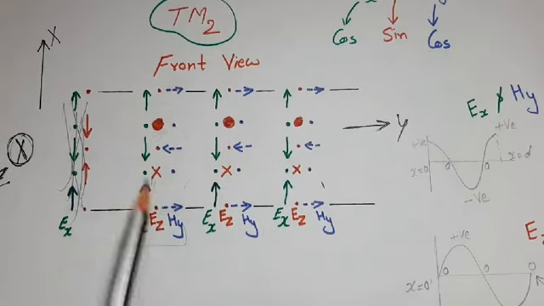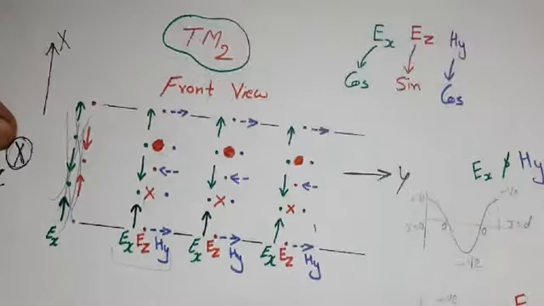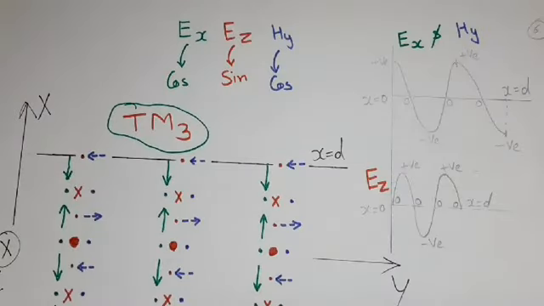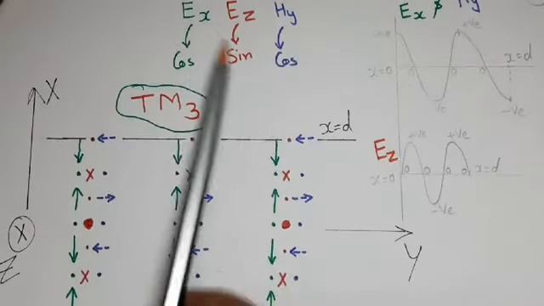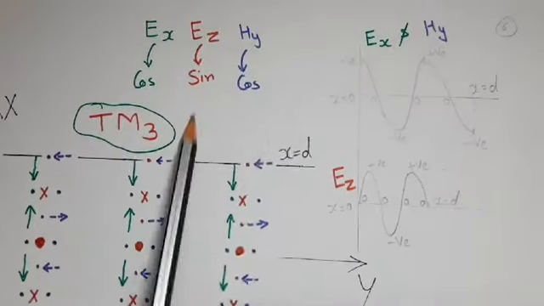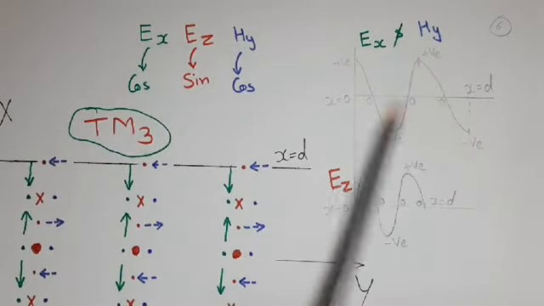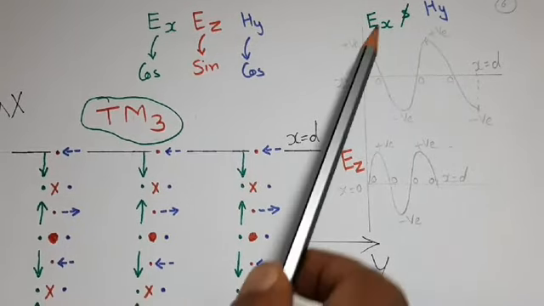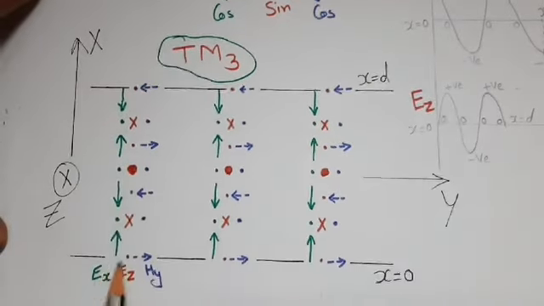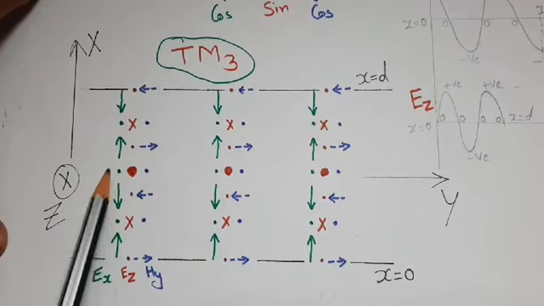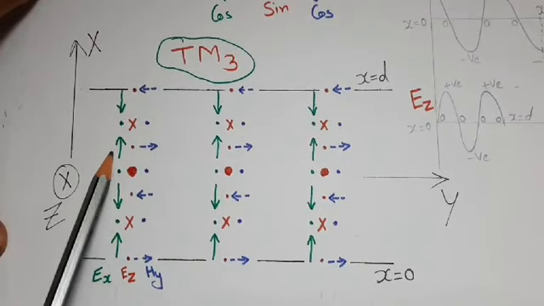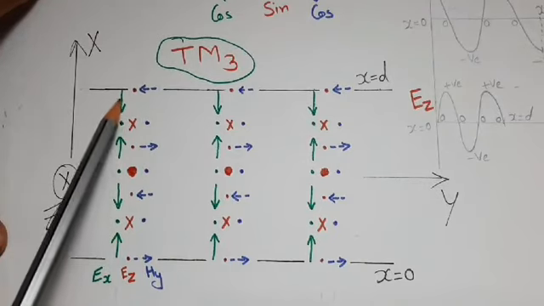Now we come to TM3. In TM3 again, Ex, Ez, Hy exist, but as m is equal to 3, therefore 1.5 cycle will be taken in x direction. Ex has cosine variation, so positive max, then 0, then negative max, then 0, positive max, then 0, then negative max.